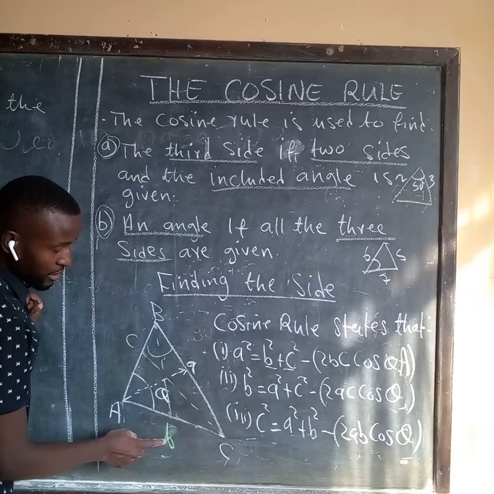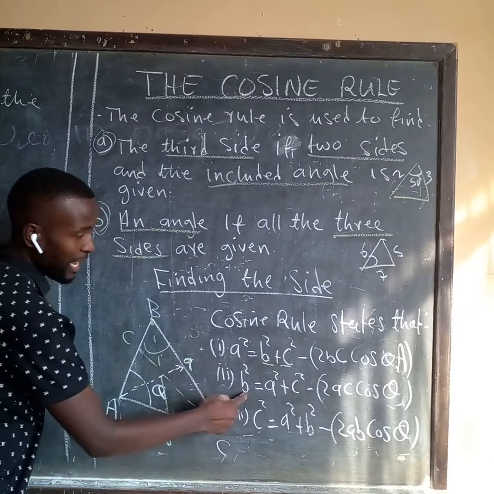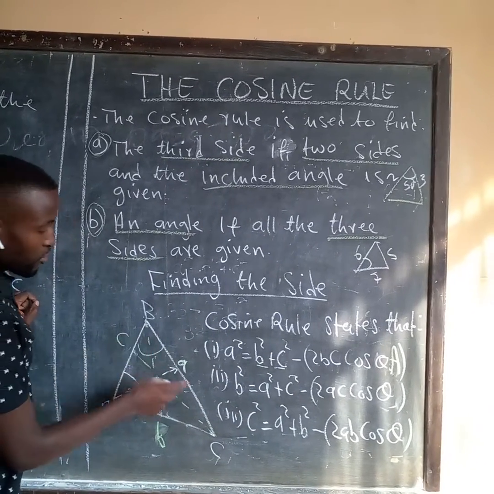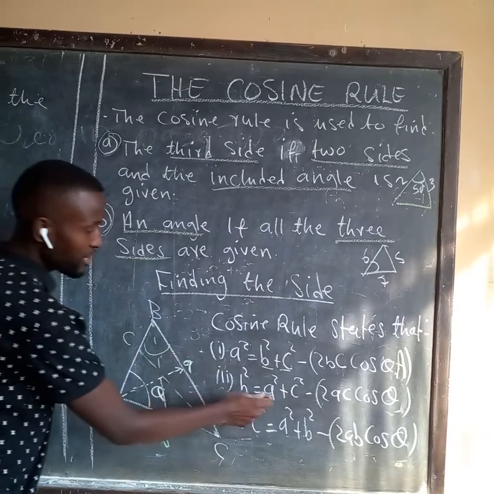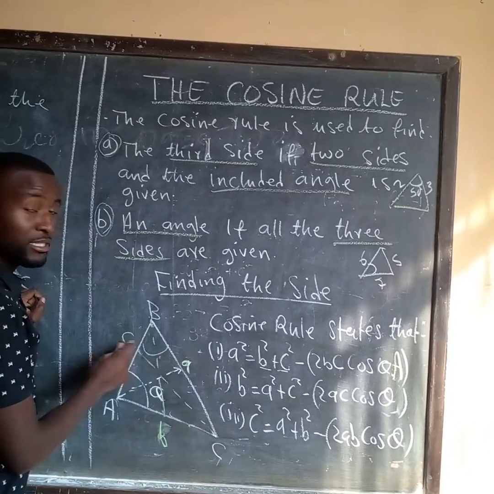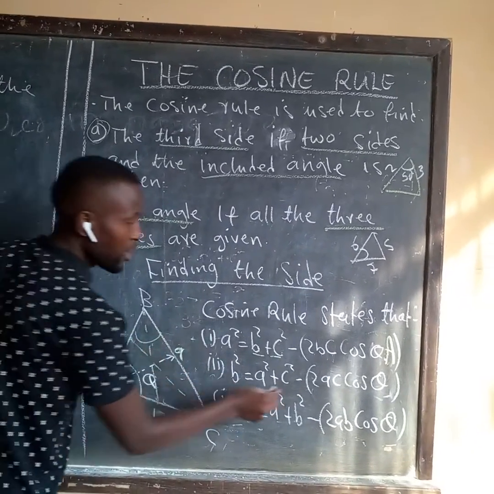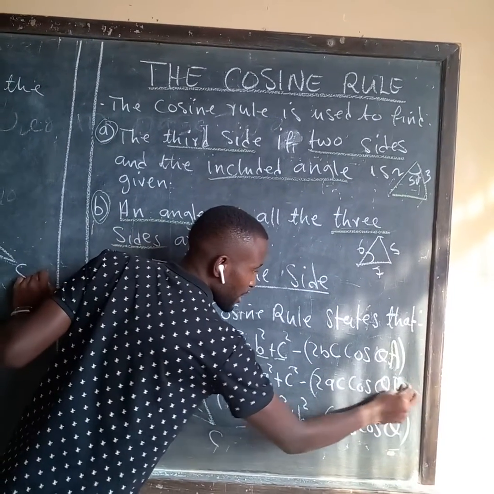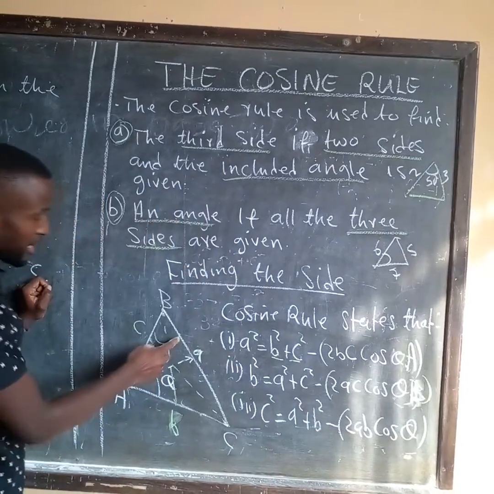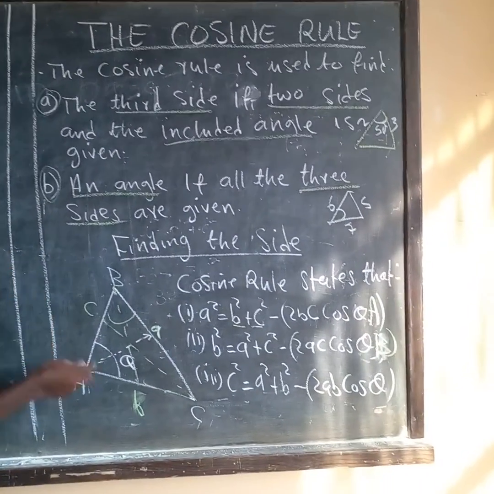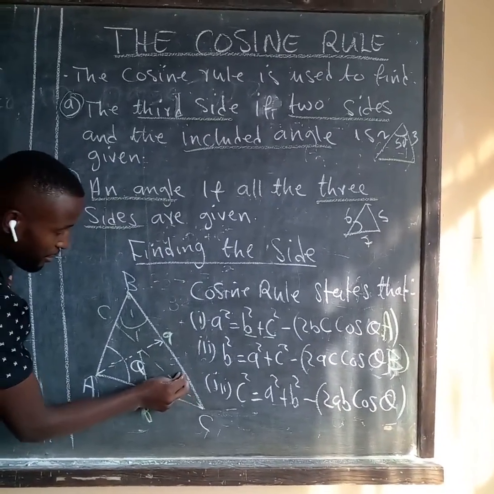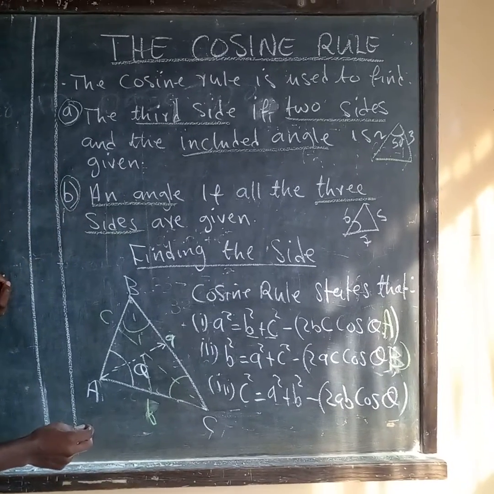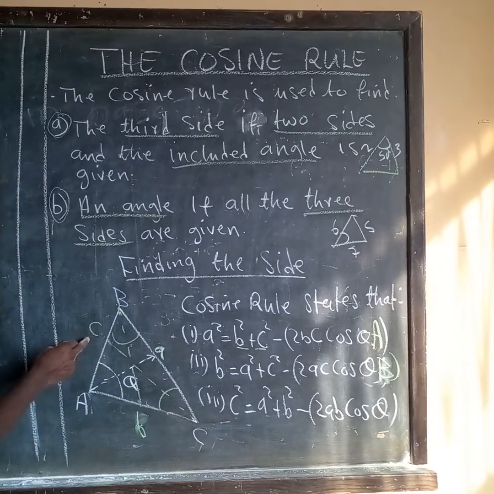The angle opposite to b is this one. So it means that a and c are given, and I'm using the angle in between, so instead of theta it will be capital letter B, telling me that I'm trying to find side b. The same applies if I'm given this angle and I'm told to find side c.